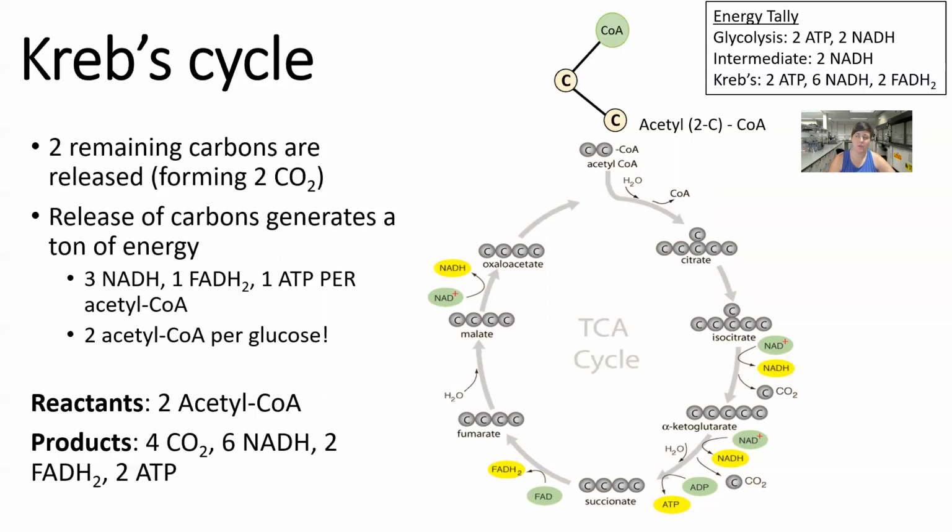Some of you may hear, oh, the Krebs cycle occurs twice. The Krebs cycle occurs once, but for each of the acetyl coenzyme A's, and you have 2 of those. So we're going to see what happens to each of those acetyl coenzyme A's.